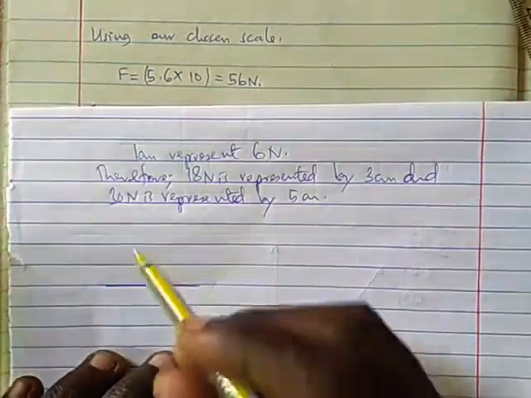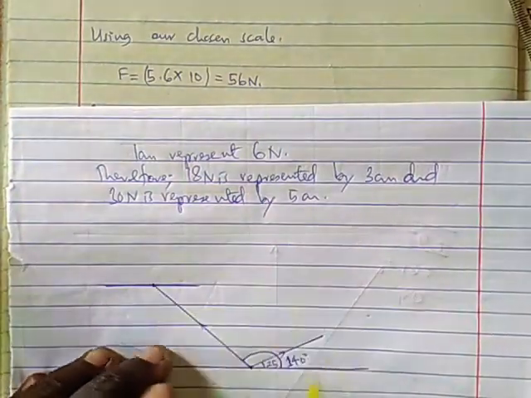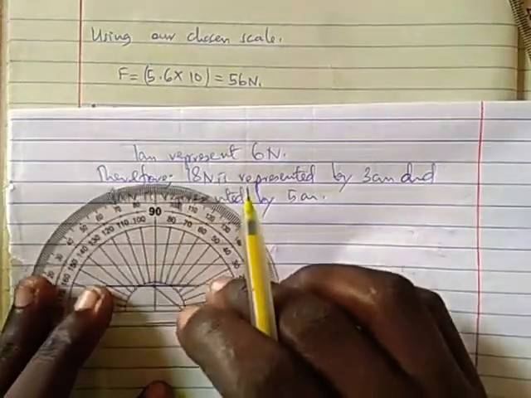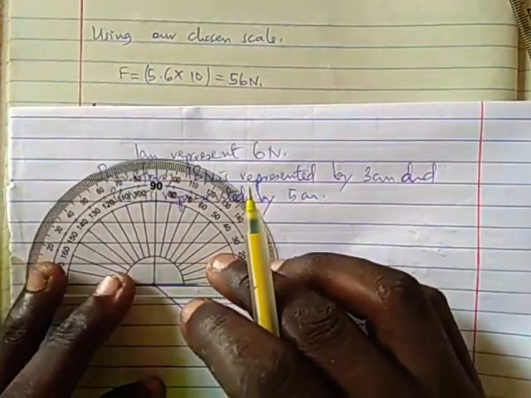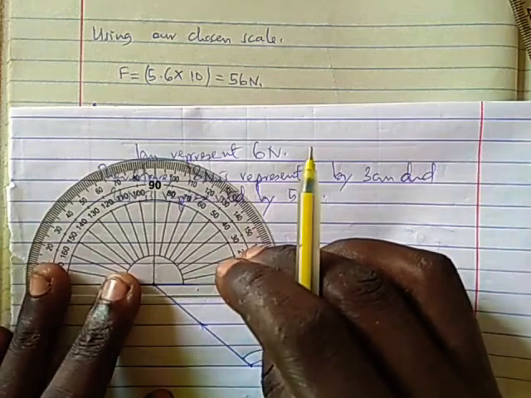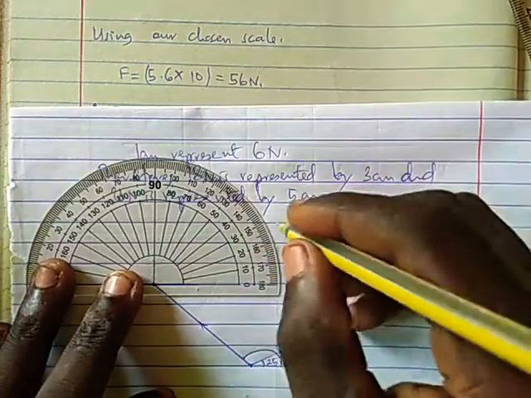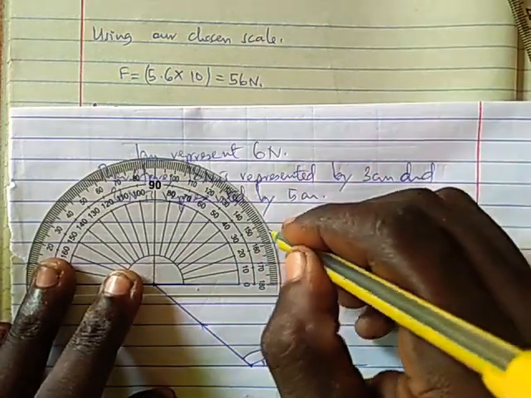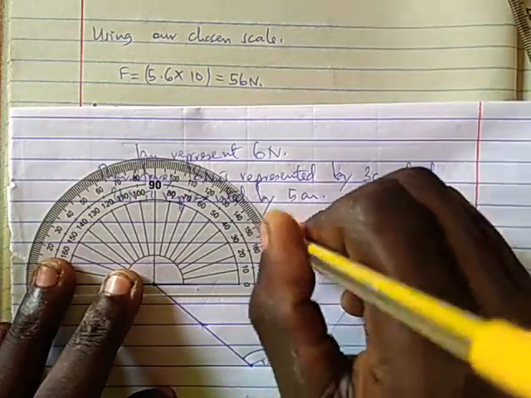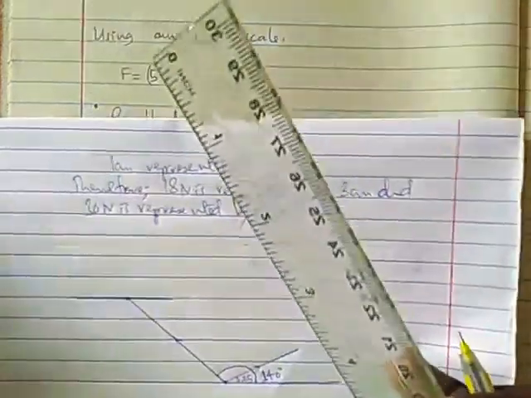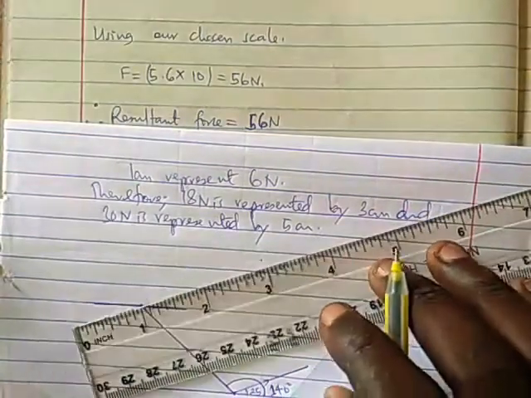So horizontal line, then I have my point there. So I'll use this kuweka protractor hapa na kupima angle ya 25. Kwa hiyo angle ya 25 hapa mimi itakuwa ni hapa. Kwa hiyo kwenye angle ya 25 nahitaji ngapi? 3 cm.